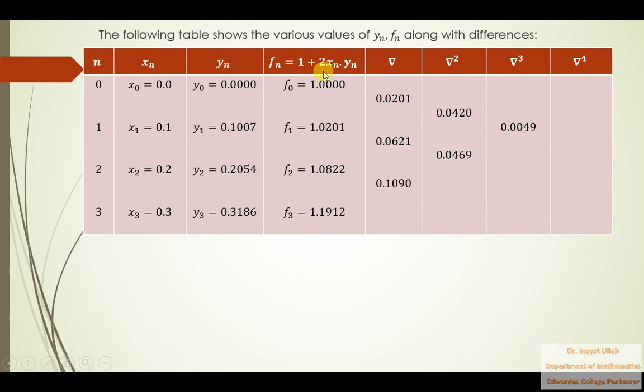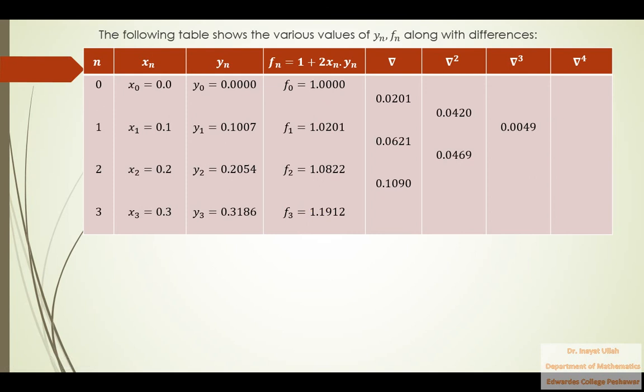And this is the function 1 plus 2xy. So whenever you put n equal to 0 here, you will get f naught is equal to 1 plus 2 x naught y naught. So 1 plus 2 times x naught which is 0.0, y naught is 0.0000, you will get f naught. Similarly f1, f2 and f3.